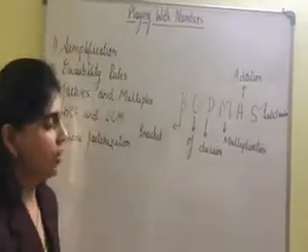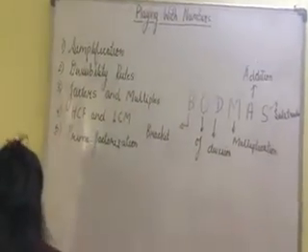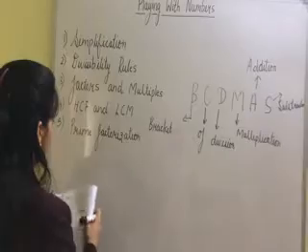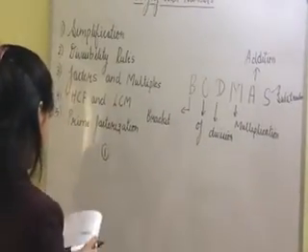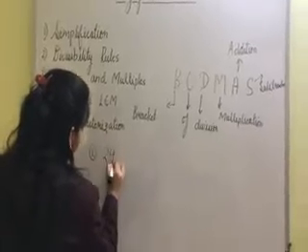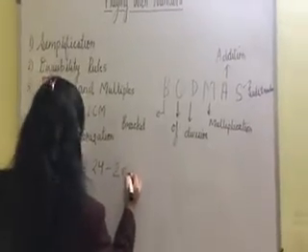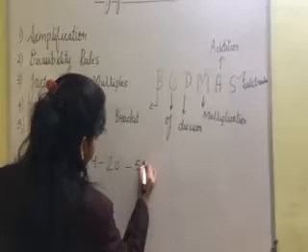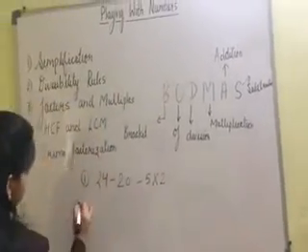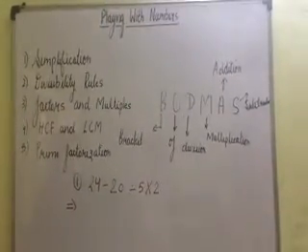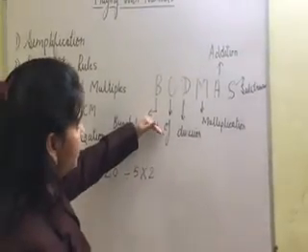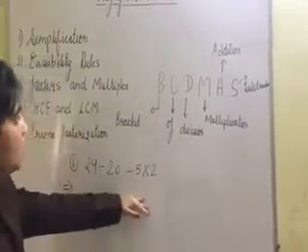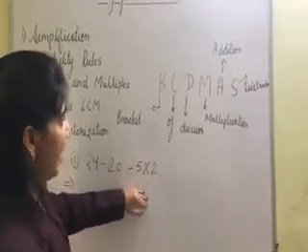Now take one example from our book. First example is 24 minus 20 divided by 5 multiplied by 2. Now simplify this expression. How to simplify? You have to follow the BODMAS rule. Here no bracket is there, so we don't have to open the bracket. Division, check for division.